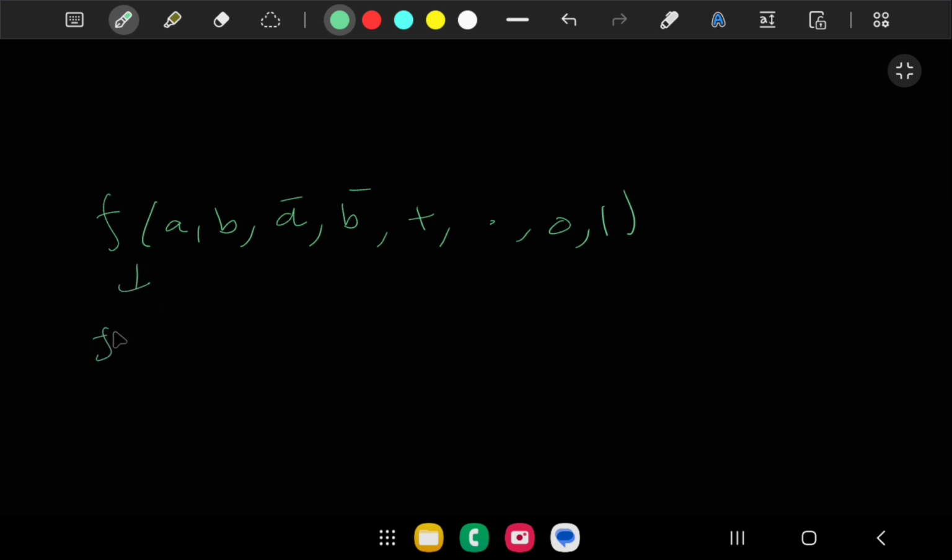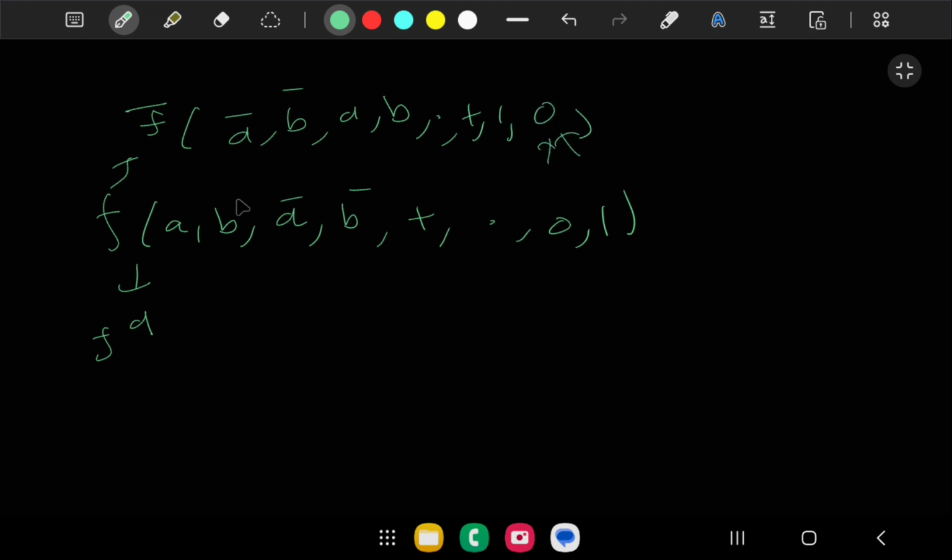So if you find the complement, then a will become a bar, b will become b bar, a bar will become a, b bar will become b, and plus, 1, 0 change like this.